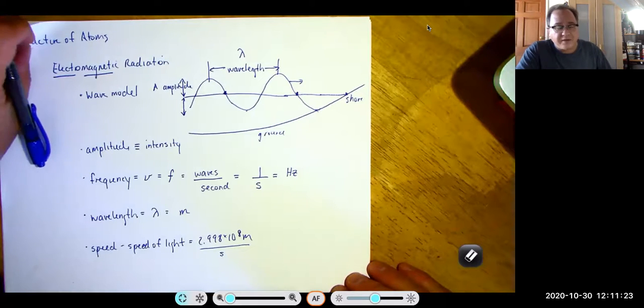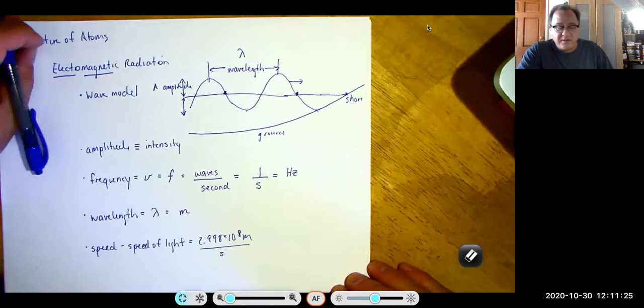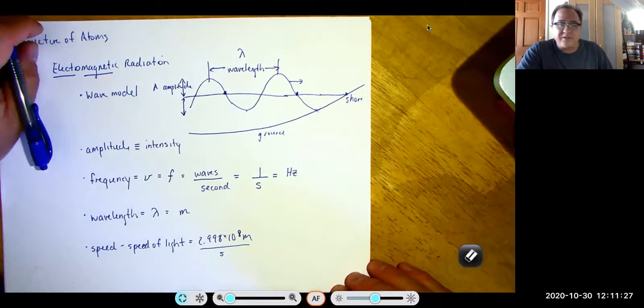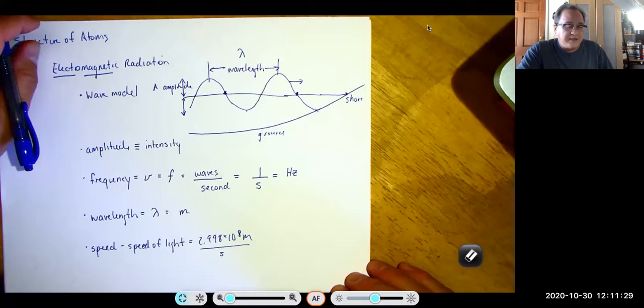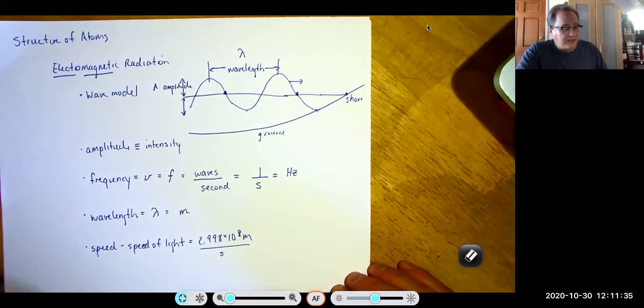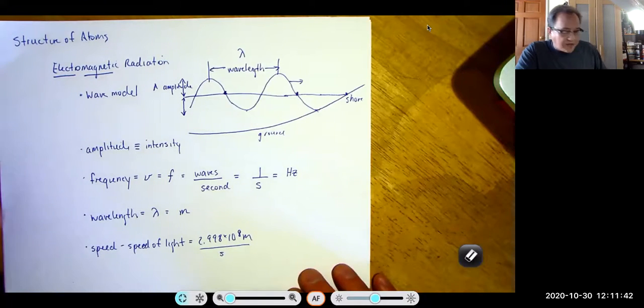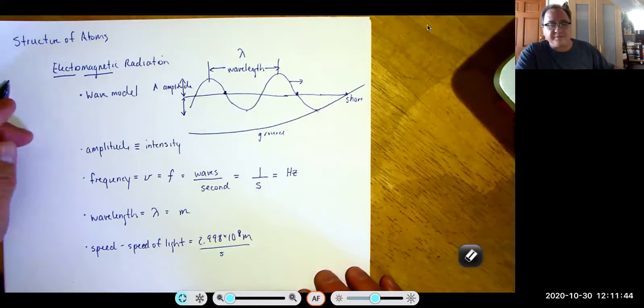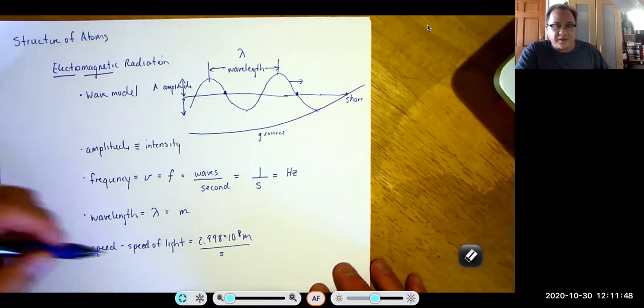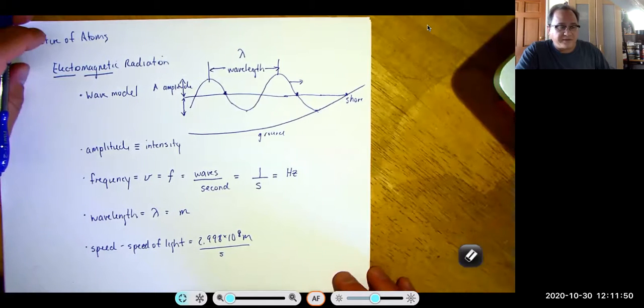Most light does not travel through air. If you think about light coming from the sun to the earth, the amount of air that the light passes through compared to the amount of space it passes through, it's practically passing through no air whatsoever. So here, when we talk about the speed of light, it doesn't seem relevant to us because we live in air, but it really is relevant when we talk about how fast it travels.